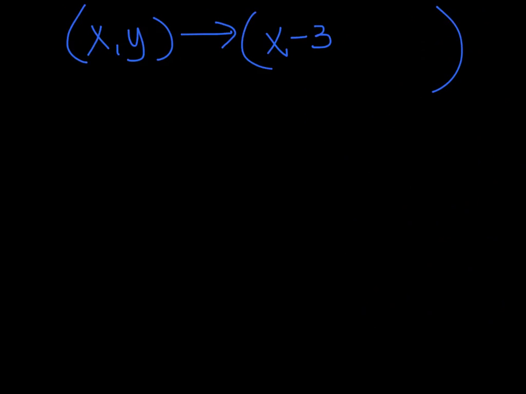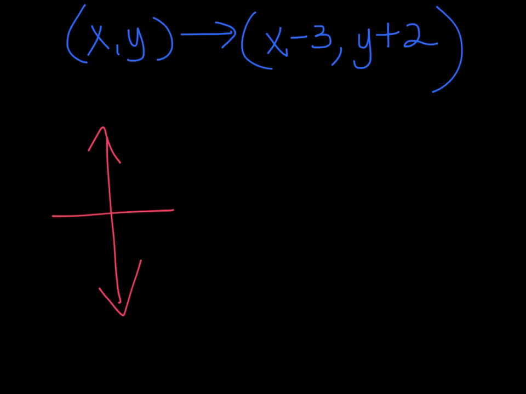All right, when you do translations, I just kind of want to point out something to you. Anytime you have a translation rule, you're adding something to the coordinates. So if I said x minus 3, adding or subtracting, and y plus 2, if you're confused on what's happening, just draw a little sketch, okay? Just put a point anywhere, okay? And it says x minus 3. Now, you guys know this is the x-axis.